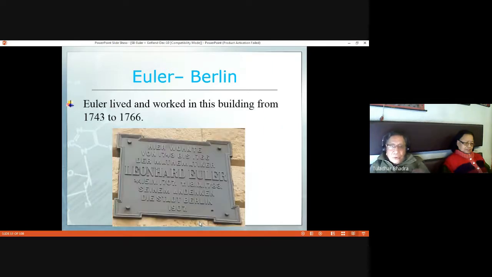Euler lived and worked in this building. A plaque is there. This is a photo I took on August 1, 2019. Of course, this building has been restored; it is not the original one where he lived from 1743 to 1760. All of this time Euler spent here.